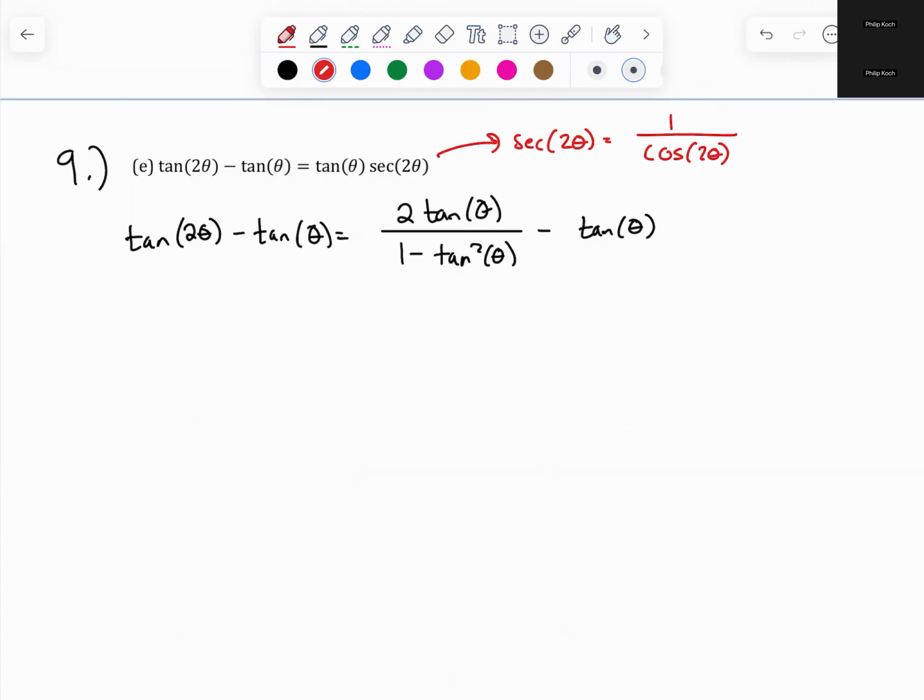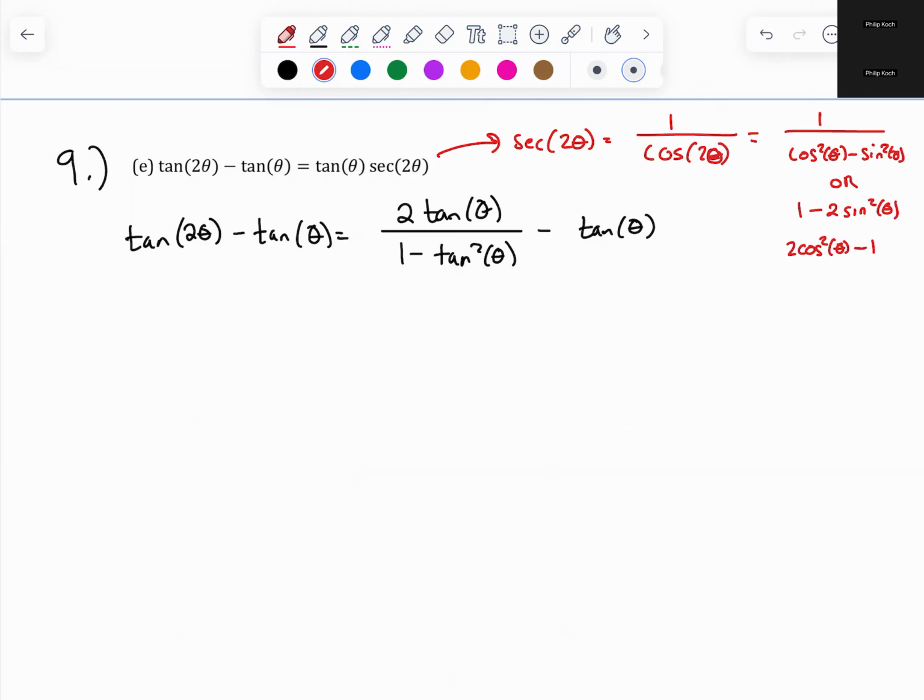And cosine of 2 theta could be a myriad of things. It could be cosine squared theta minus sine squared theta, or it could be 1 minus 2 sine squared theta, or it could be 2 cosine squared theta minus 1. I'm just going to have those for reference. I don't expect you to have them memorized. You're going to have a sheet that you can use.